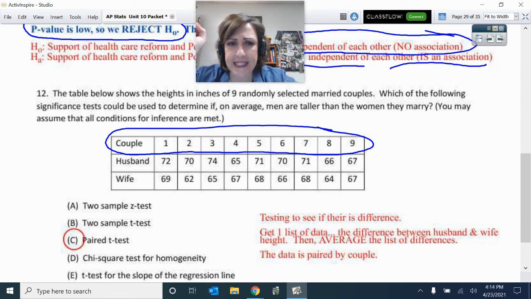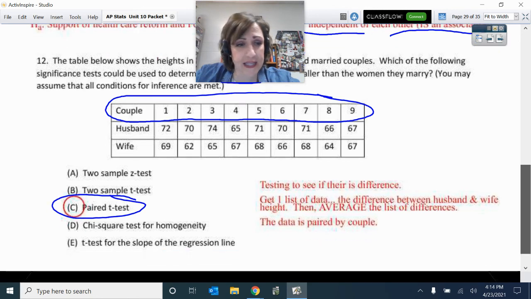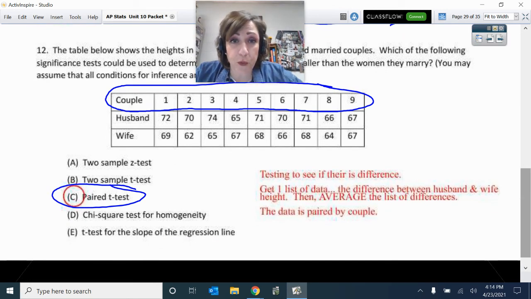This could be used to determine if, on average, men are taller than women. So, on average, what's the difference in their height? That one difference of the paired data is the type of inference that I would run.